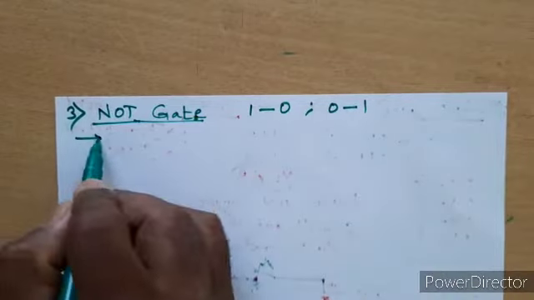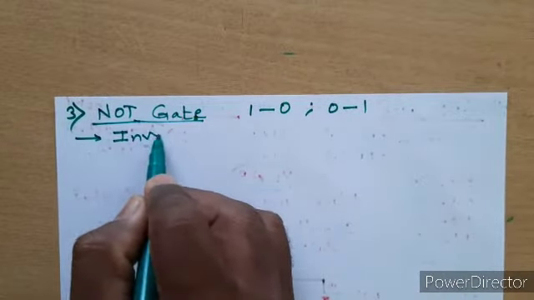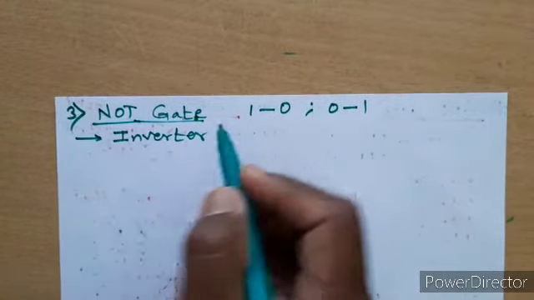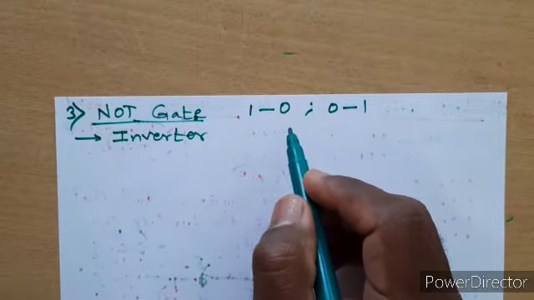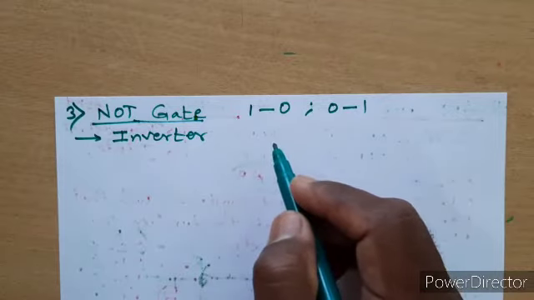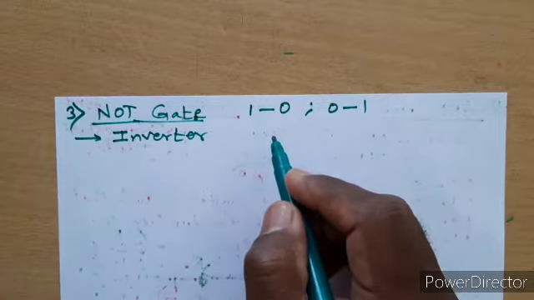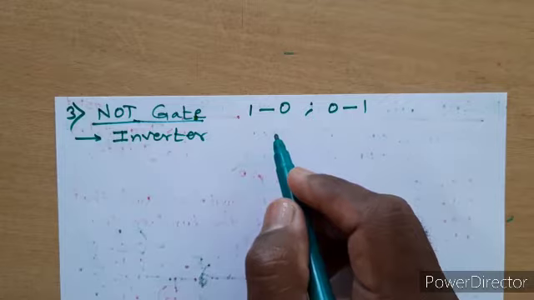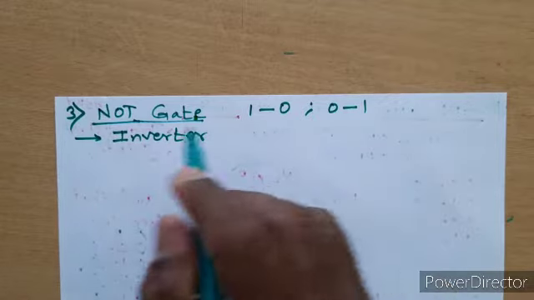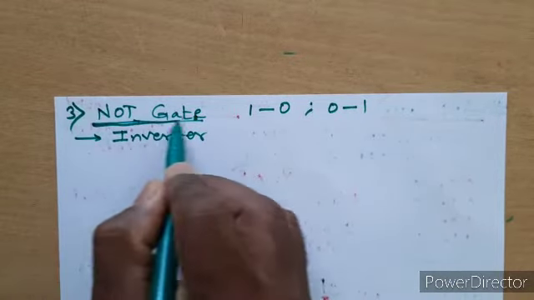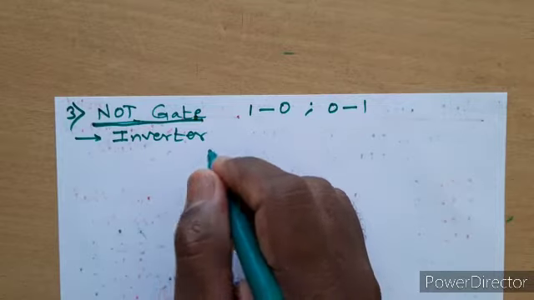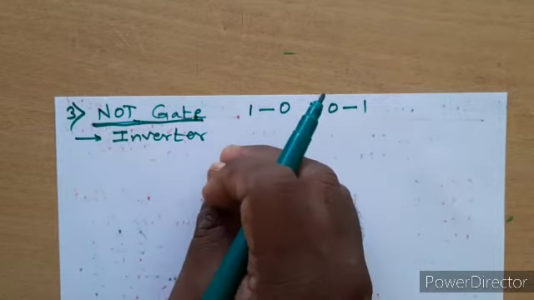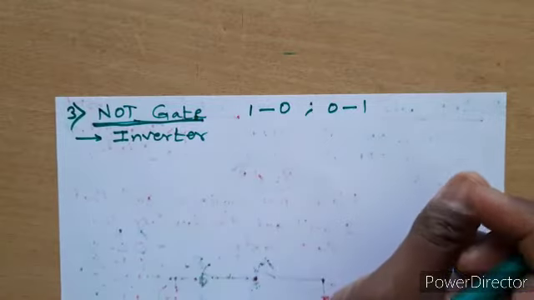So NOT gate is also called an inverter, because it inverts the input to its opposite. Now if you look at the definition, we have gates which have one or more than one input. NOT gate is a gate that has only one input. NOT gate is the only gate that has one input.